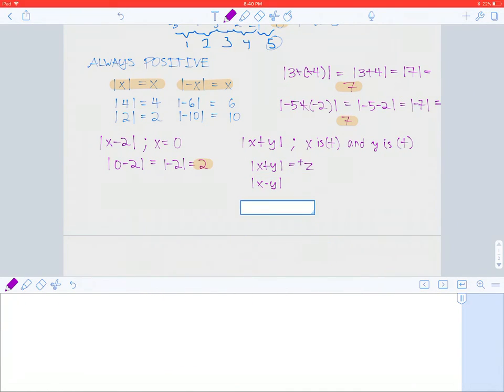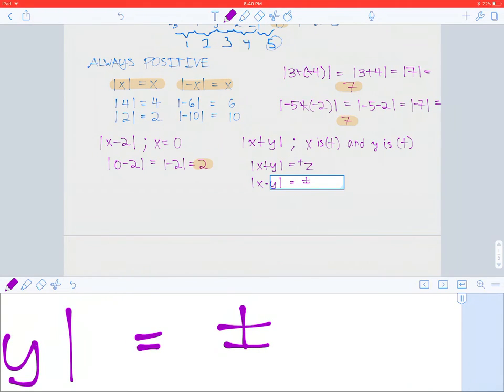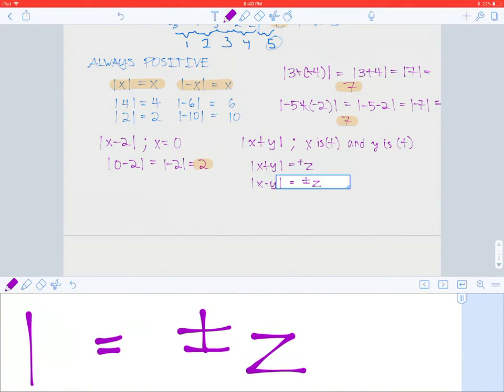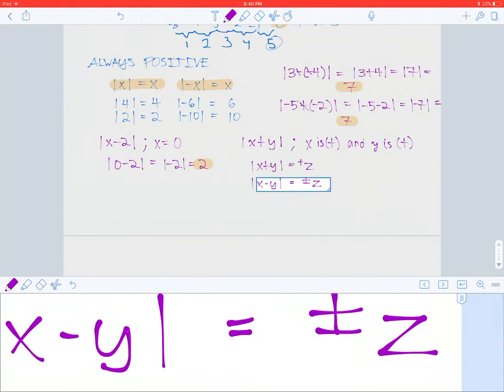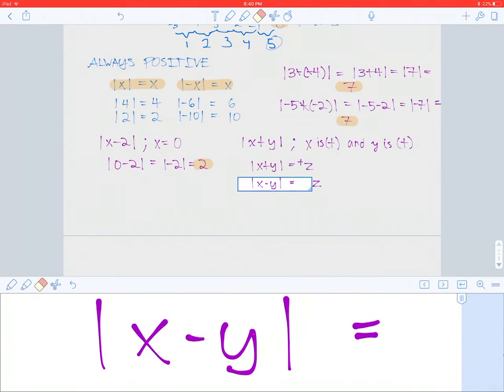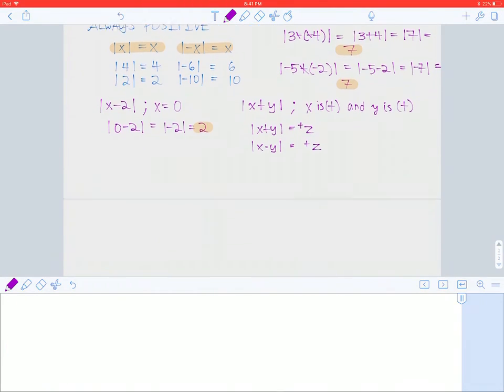Then we do not know if the inside is positive or negative. So you can say in this situation, this z might not always be the same. We can say the answer to the absolute value of x minus y, when we evaluate in between, can be positive or negative, but the answer itself is going to remain positive, because the absolute value is always positive since it's distance.